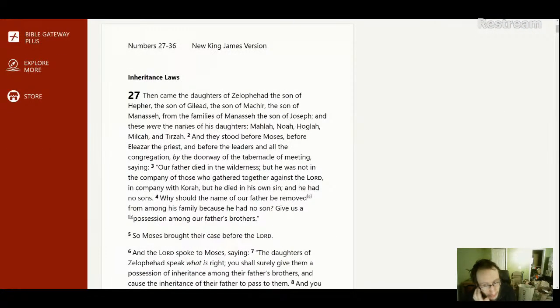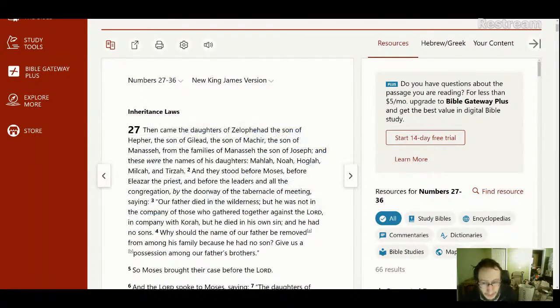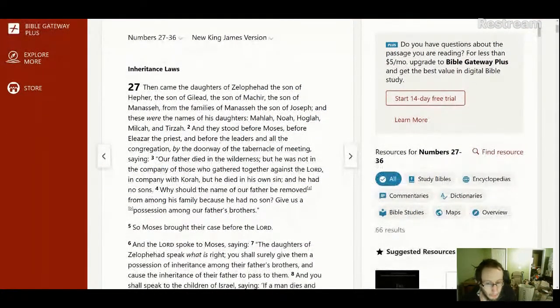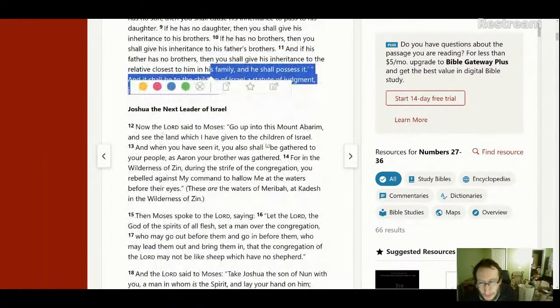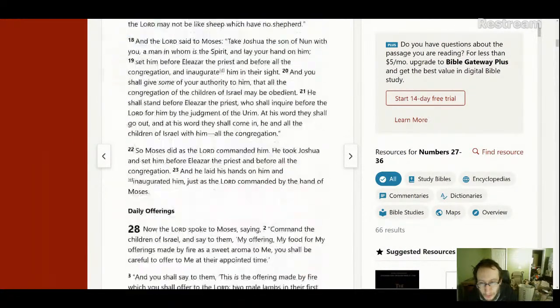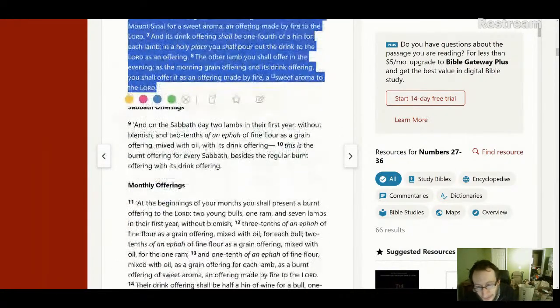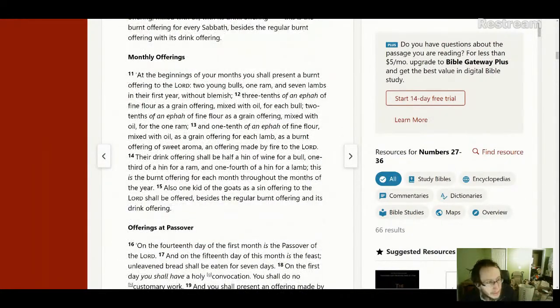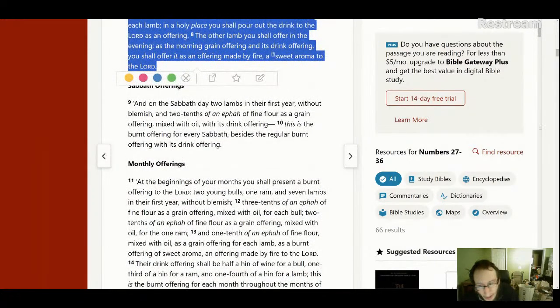okay, so there's inheritance laws in chapter 27. The daughters of Zelophehad came to Moses. They asked him about the inheritance. Okay. Then what follows is Joshua is chosen as the next leader. Then randomly there's commands to make sacrifices out of nowhere. It seems intrusive because there's no reason why God is telling them this now.